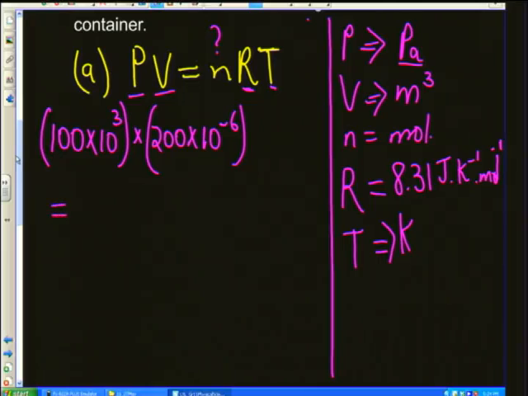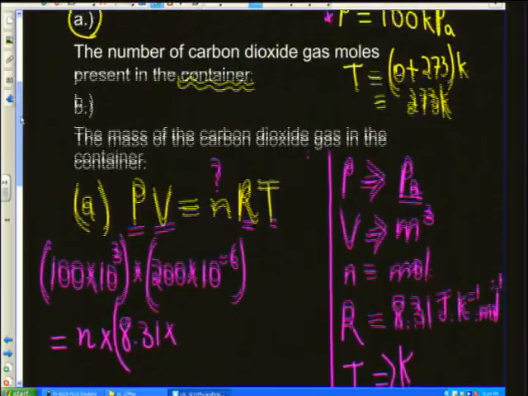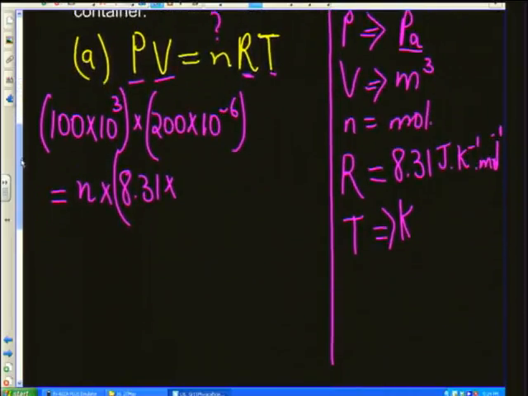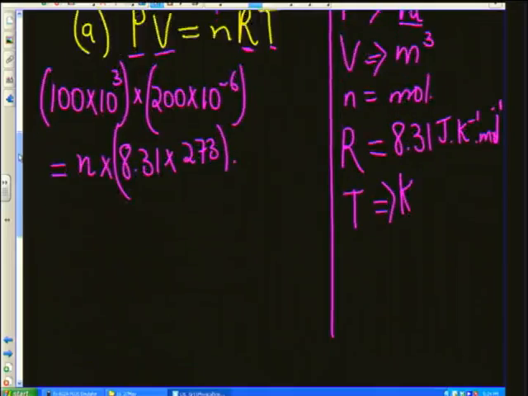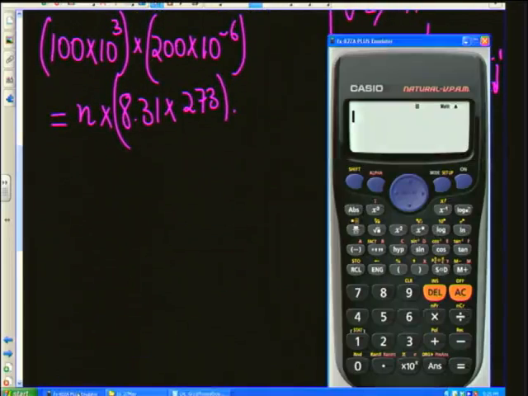This must be equal to my n, which is what I'm looking for, times R, which is 8.31, times the temperature. If the temperature is 0 degrees Celsius, it will be 273 Kelvin. So let's work this out. Where is our calculator?